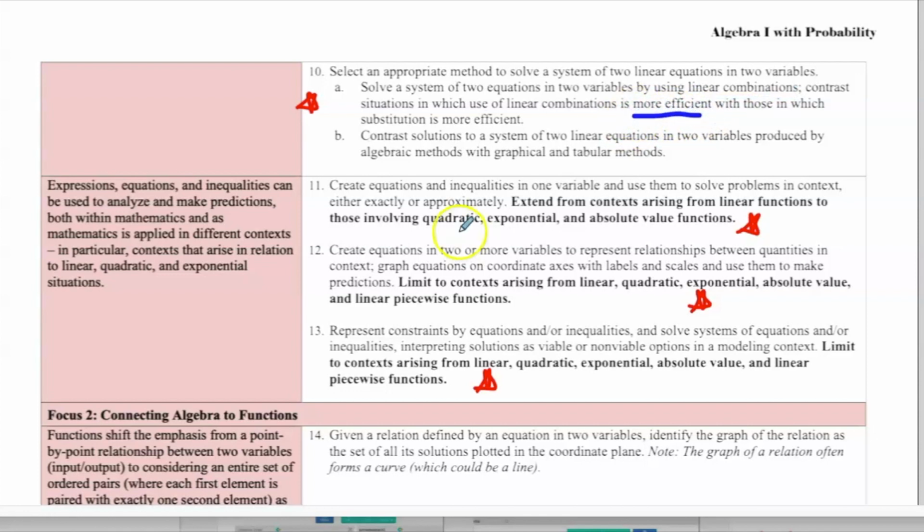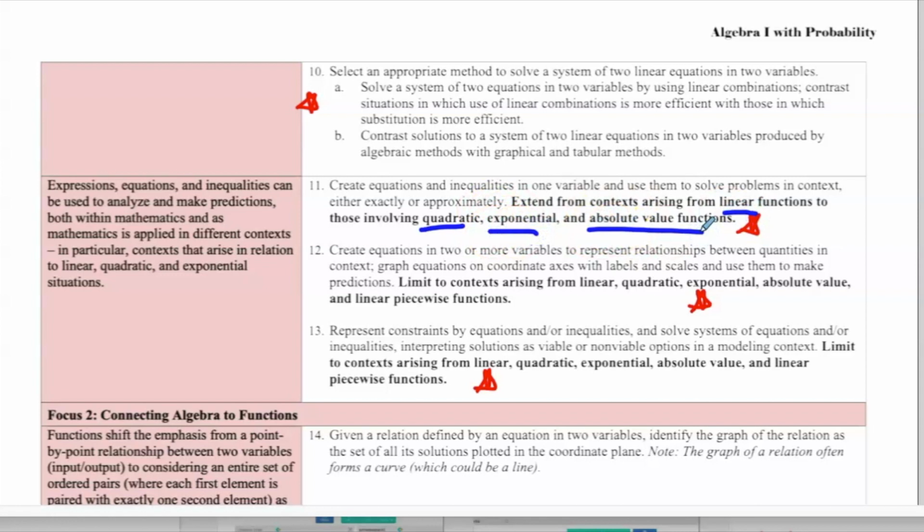Now, when we look at standards 11, 12, and 13, I highlighted those just to show you the difference where it's a lot more clear what we're going to do in Algebra I with probability and where those boundaries are. So here it clearly says what type of functions we're going to do. So we have linear functions, quadratic, exponential, and absolute value.